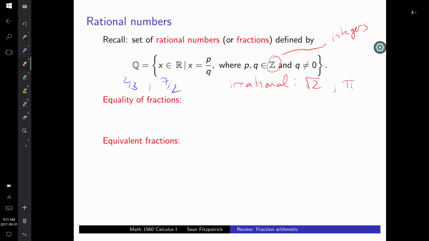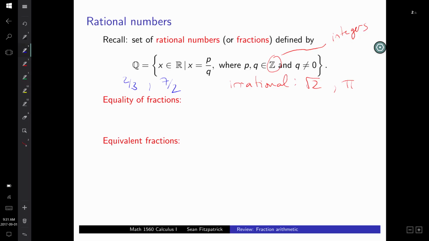There are lots of interesting examples of irrational numbers. What's perhaps more interesting is that irrational numbers make up the vast majority of the real numbers, and most of them, we have no idea how to write them down, right? There's a handful of irrational numbers that we're familiar with, but most of them are pretty mysterious.